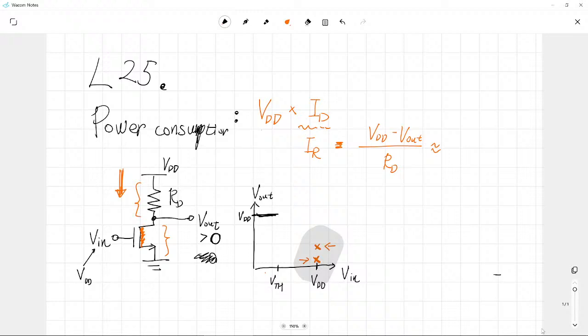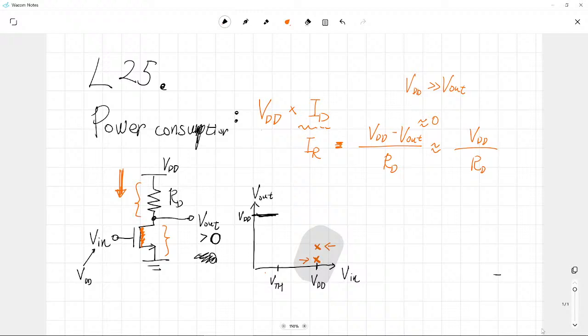But point is, maybe if we have done it properly, the output voltage is not quite close to VDD. So we can say that VDD is much higher than V out. So it is quite close to 0, although not exactly 0. So now we can say that although not exact, this is more or less given by this way.